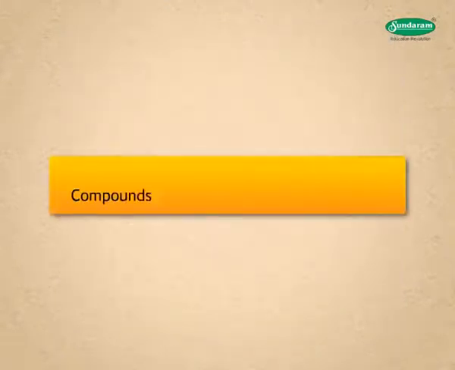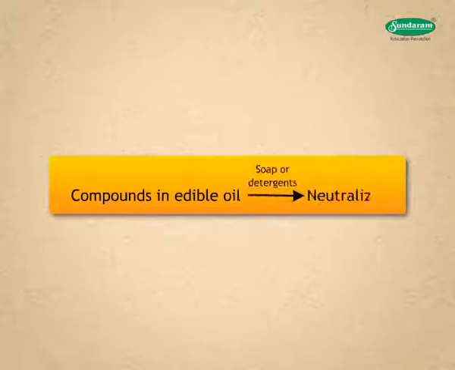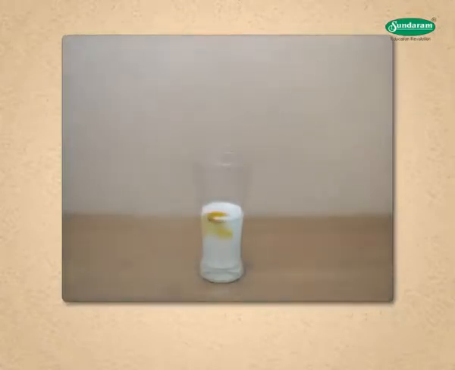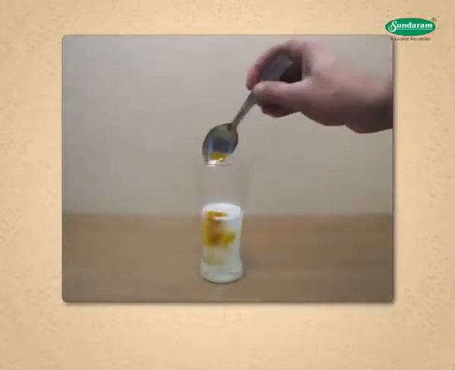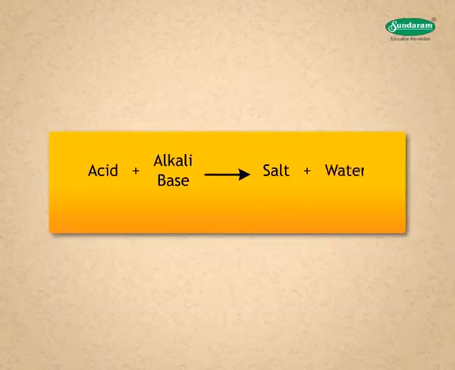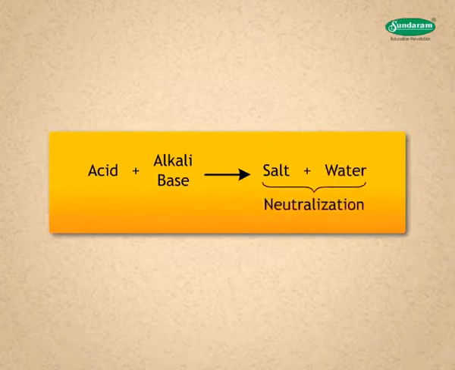These compounds in edible oil are neutralized by alkaline soap or detergents. This neutralization reaction is indicated by turmeric, which is yellow, turning red. Acid plus alkali or base gives salt plus water. This is neutralization. We will learn more about neutralization in the chapter on acids and bases.